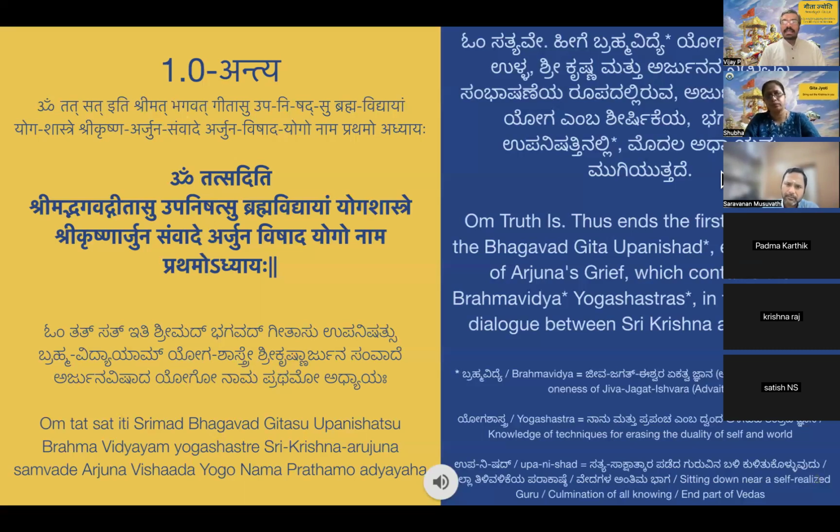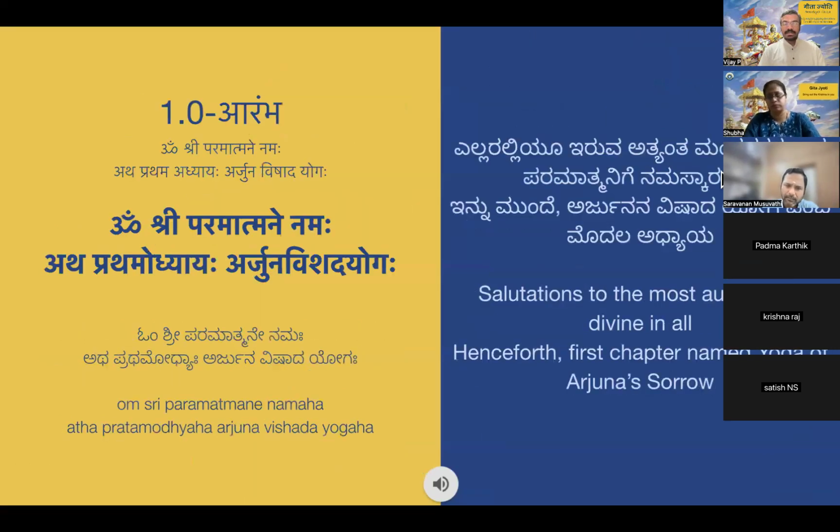Like Sarananji mentioned, our intention in this Bhagavad Gita study circle, and also the purpose of the Bhagavad Gita itself, is to help us realize what we can refer to as existential or universal truths.